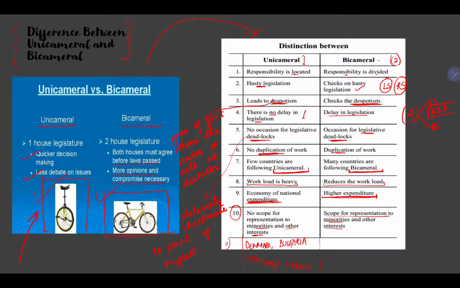Bicameral can be found in India, then Pakistan, but the government is not stable out there. Let's talk about the USA, United States of America, Mexico, Switzerland. You can add more also.